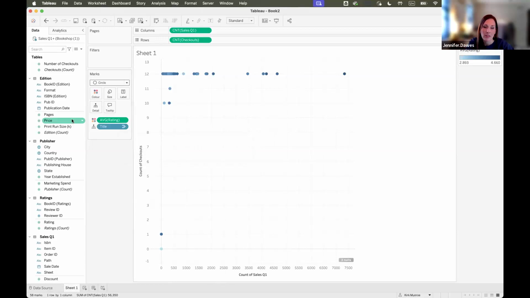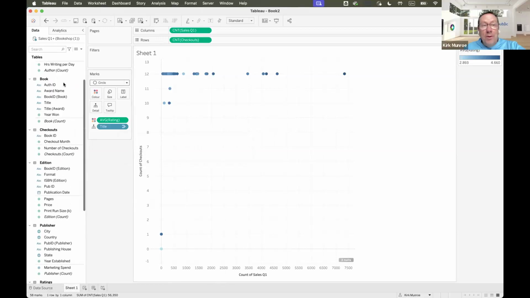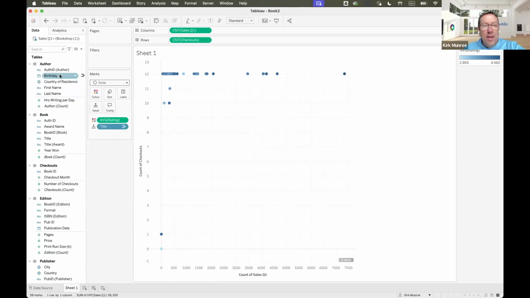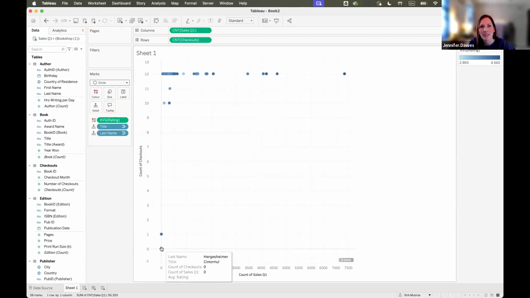Right. And I think if I added author, I should be okay. So if we went to our author table and I grabbed my author, I guess I couldn't make first last name, but let's just take last name and add detail. You'll notice they didn't go away.